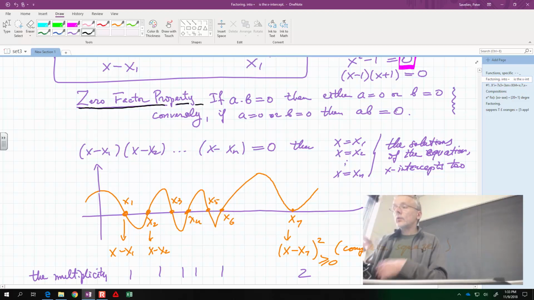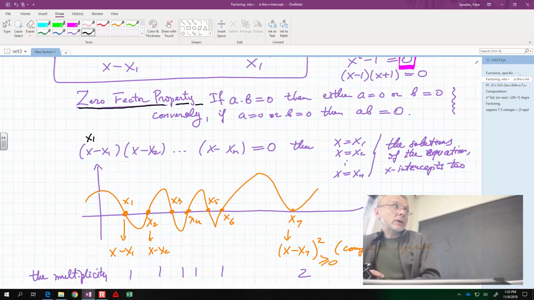So that is why there's this correspondence between factors on one hand and x-intercepts on the other. Every factor corresponds to an x-intercept and vice versa. Because when you plug in x equal x1, replace x with x1, then at least one of the factors will turn into 0, and the whole thing turns into 0, which means that you have an x-intercept.